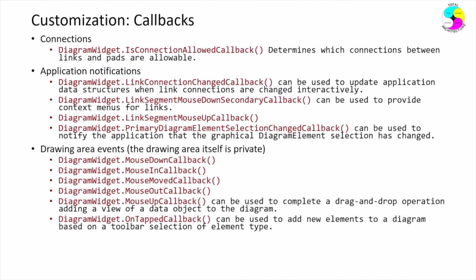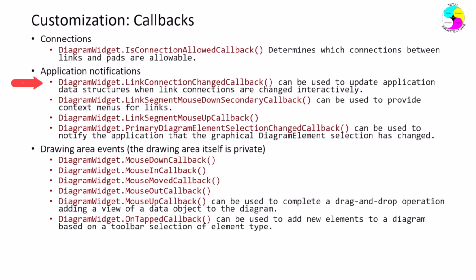A number of callbacks are provided to integrate the diagram widget into the application. We've already mentioned the isConnectionAllowed callback that determines the paths to which a given link end may connect. The link connection changed callback informs the application of connectivity changes.